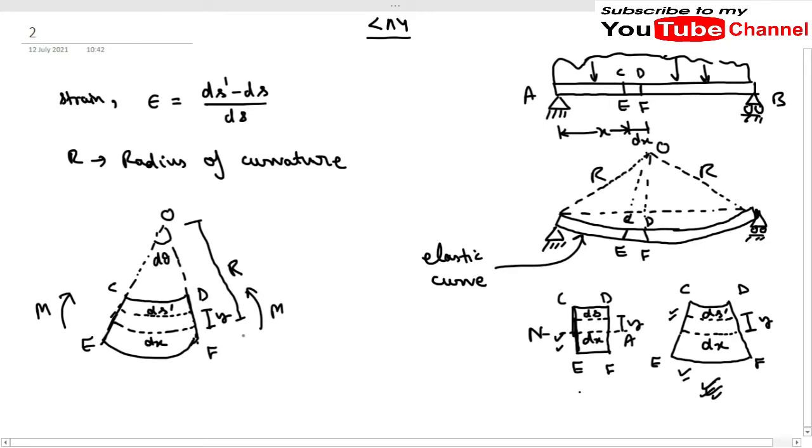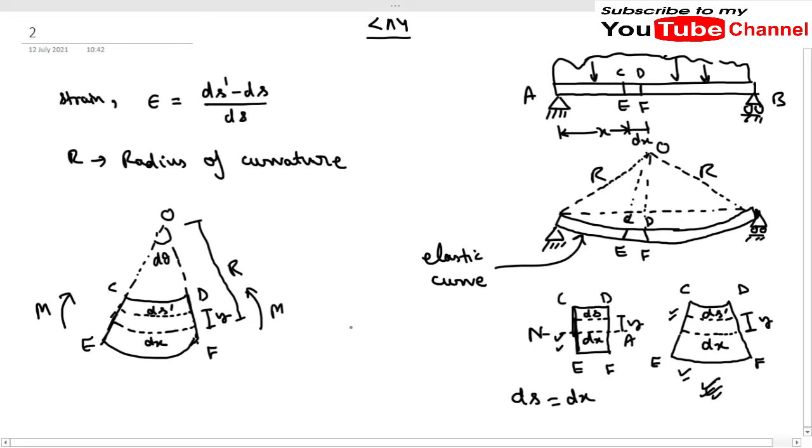In the undeflected segment CDEF, ds is equal to dx. After deflection this ds has changed to ds dash, because on the upper fiber there will be tension.